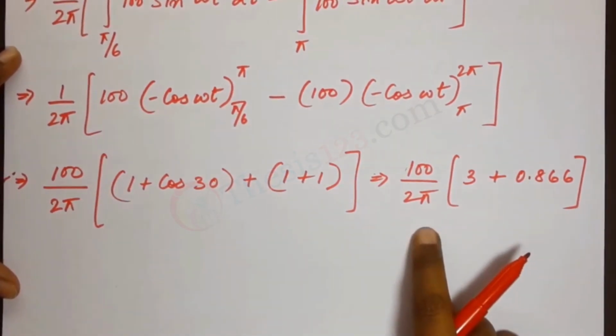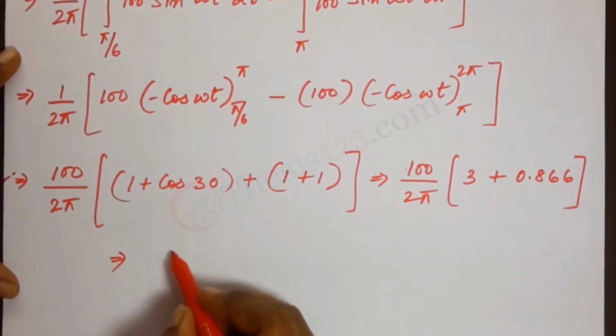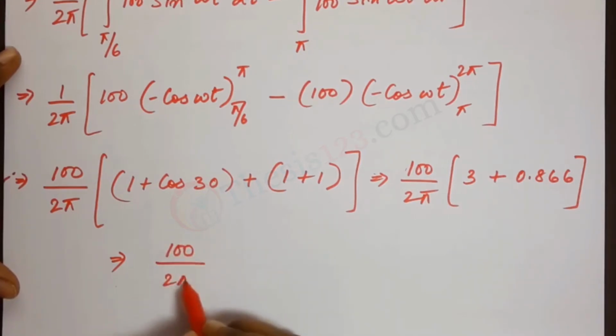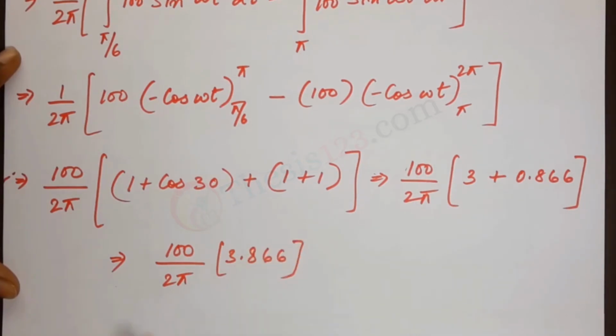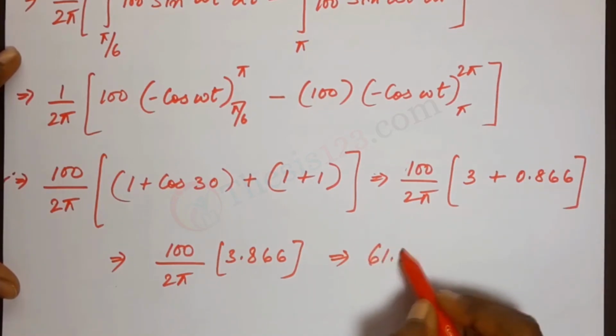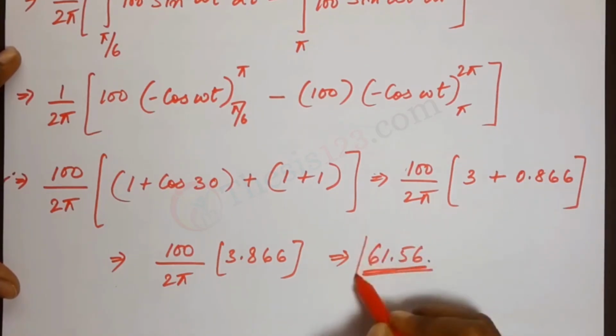Right. Let's further solve this. We will arrive at 100 divided by 2 pi into 3.866. And finally, to solve this, you will get a value of 61.56.